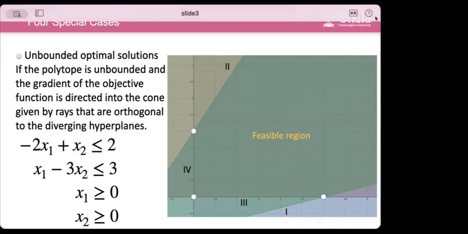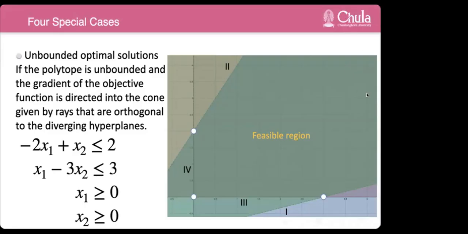Because if we go to infinity, of course, the objective function reaches infinity, which is the maximum. That means in this case we have an unbounded optimum solution. That means the solution is not defined. We cannot say the solution because it's unbounded. We call it unbounded optimum solution.